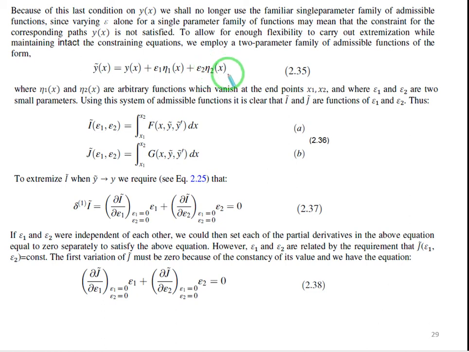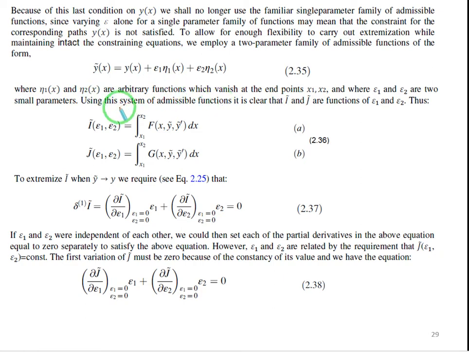Now we can say that eta 1 and eta 2 are arbitrary functions. If we know the value of y at x1 and x2, or we know that y of x1 is y1 and y of x2 is y2, we can say that eta 1 and eta 2 vanish at the endpoints x1 and x2, or in other words, eta 1 of x1 is 0, eta 1 of x2 is 0, eta 2 of x1 is 0, eta 2 of x2 is 0.